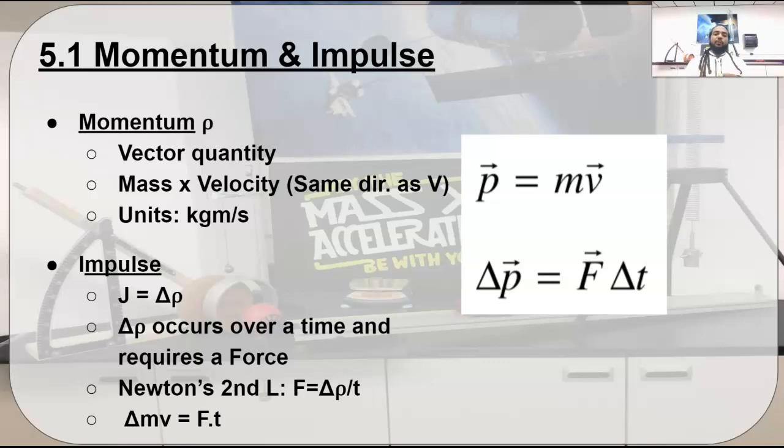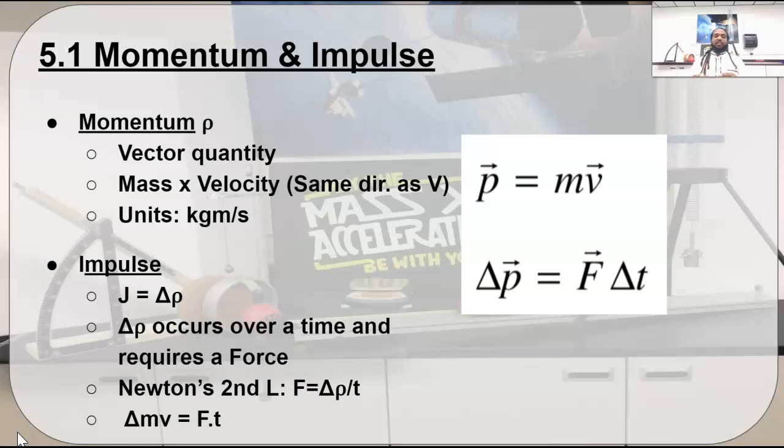In fact, if we rework Newton's second law, that net force is equal to mass times acceleration, with a little bit of algebra we soon get net force is equal to change in momentum over time. And from that, we get this expression: delta mv is equal to Ft. So there are really 3 ways that we can think about impulse.